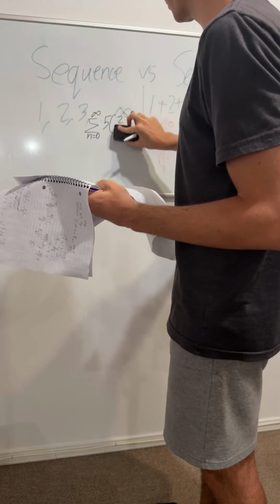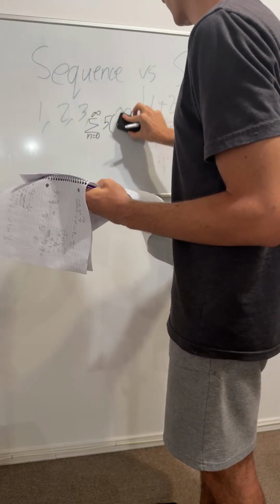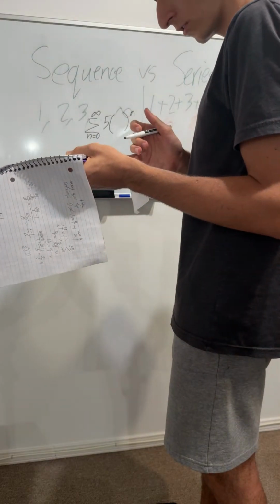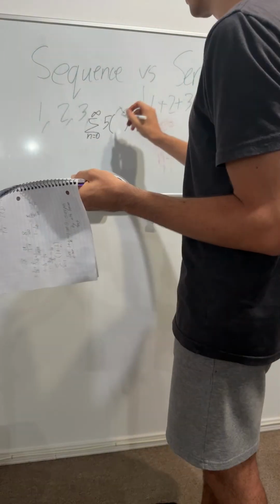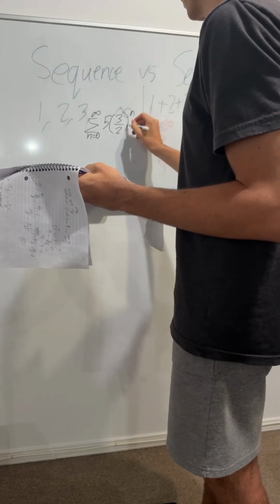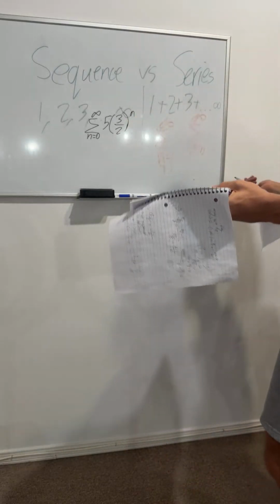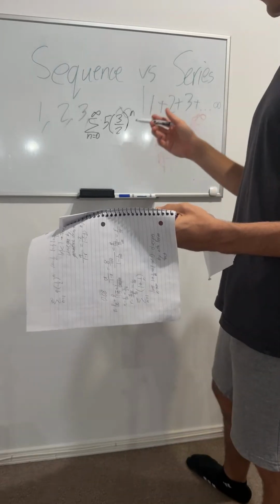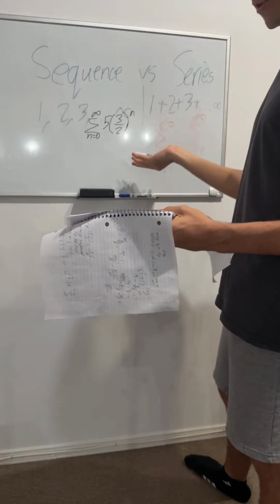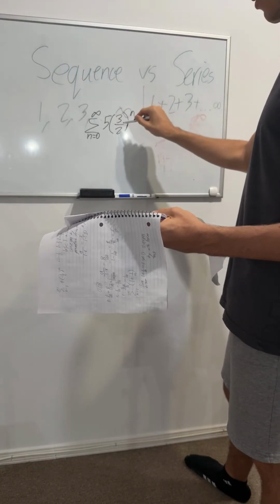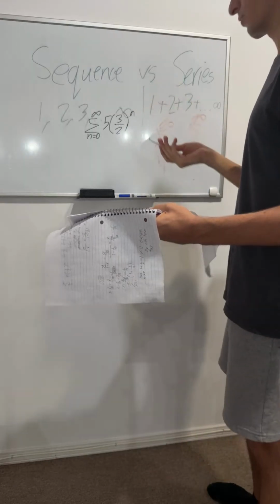Well, 12 is really similar to this, so I won't erase everything. 12 says the same thing, but 3 over 2 instead of 2 over 3. And you'd be like, that's nothing, right? Well, it's something major. Remember, it's still a geometric series, right? We have a r to the n, so geometric.